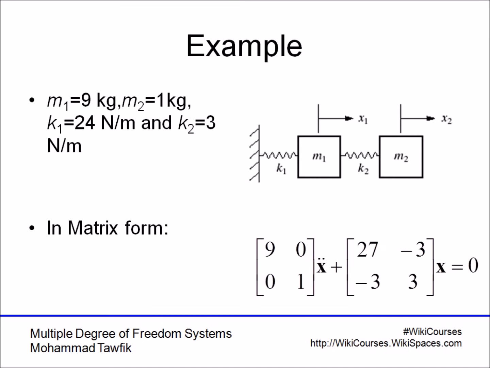Let's now demonstrate this idea using numbers. The masses are M1 9 kilograms, M2 1 kilogram, K1 24 Newton per meter, and K2 3 Newton per meter. In matrix form, this gives us this matrix equation: 9, 0, 0, 1 and 27, minus 3, minus 3, and 3.